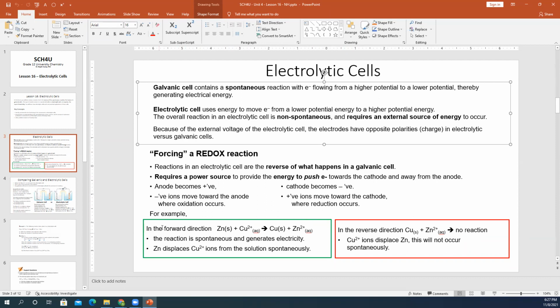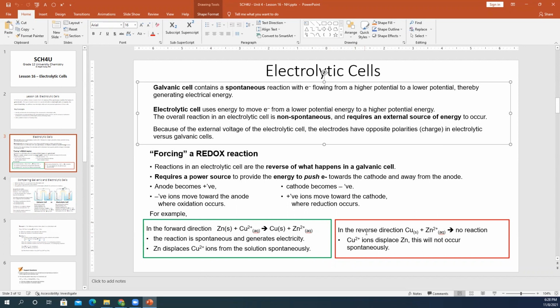So as an example, in the forward reaction of zinc atoms plus copper ions going to copper atoms and zinc ions, this reaction is very spontaneous and it generates electricity, and zinc displaces the copper ions from the solution spontaneously.